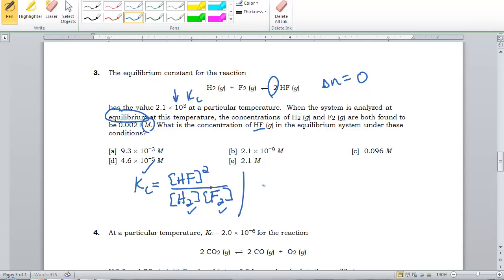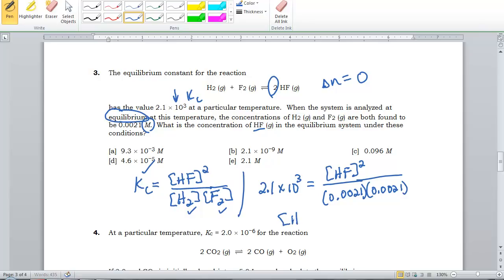All right, so let's plug in. Both concentrations of H2 and F2 are 0.0021 molar. So I end up here with HF squared, be careful, is 9.26 times 10 to the negative third.